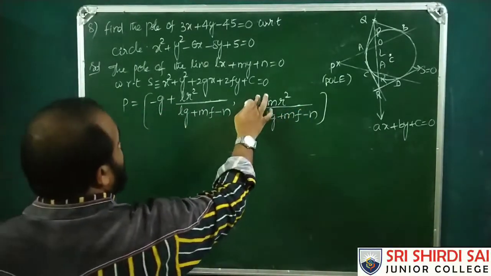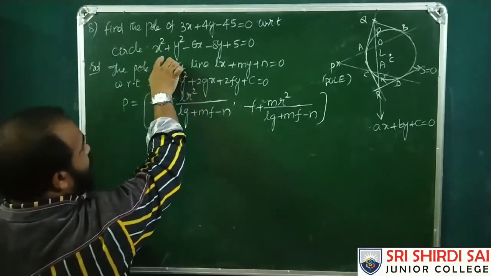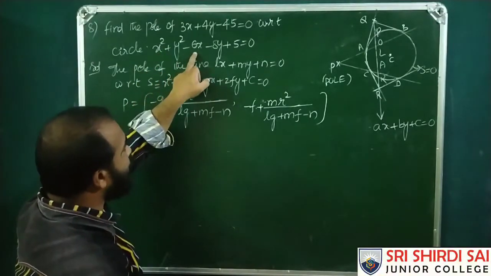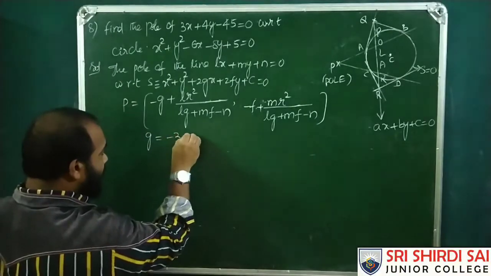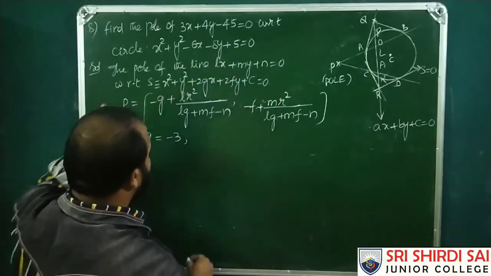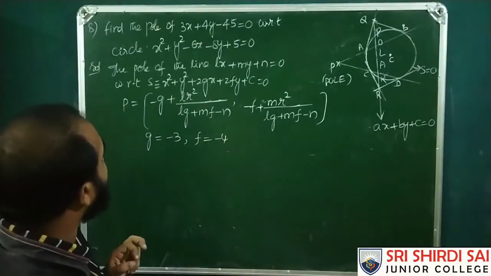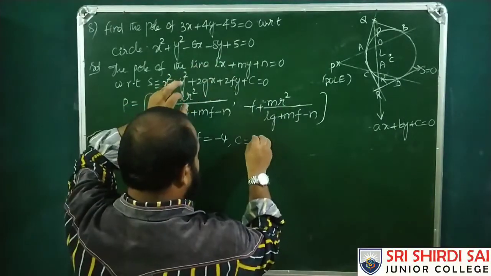So here, if you compare this with the general equation of a circle, x square + y square + 2gx, 2g equals minus 6, so g equals minus 3. 2f equals minus 8, so f equals minus 4, and the c value is 5.